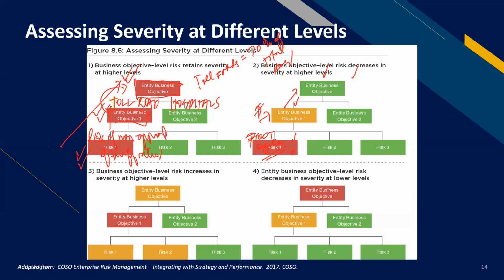So, in that case, the overall severity is low at the enterprise level, right? But it is high at the department level. No? Why is it important for us to understand this? Because the risk response will also change. Okay? So therefore, the risk response here is at the department level only.